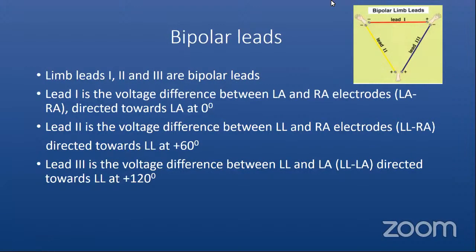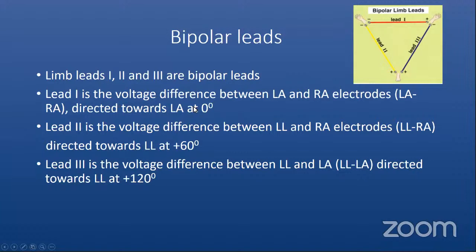So this is just to tell you that there are 2 types of leads, bipolar leads and unipolar leads. As I mentioned before, leads 1, 2, and 3 are bipolar leads, so they have positive and negative electrodes. Lead 1 has the positive electrode towards the left arm and the negative towards the right arm, lead 2 has the positive electrode towards the left leg and the negative towards the right arm, and lead 3 has the positive electrode towards the left leg and the negative towards the left arm.